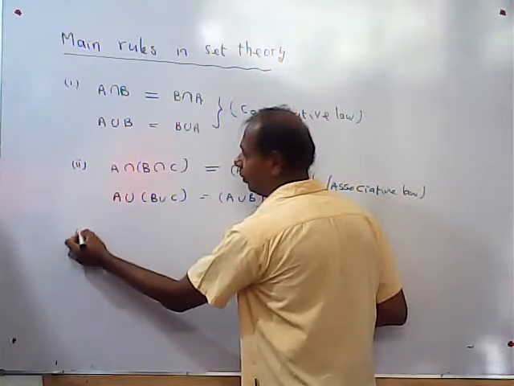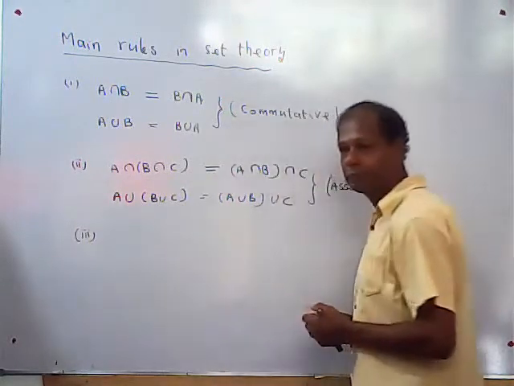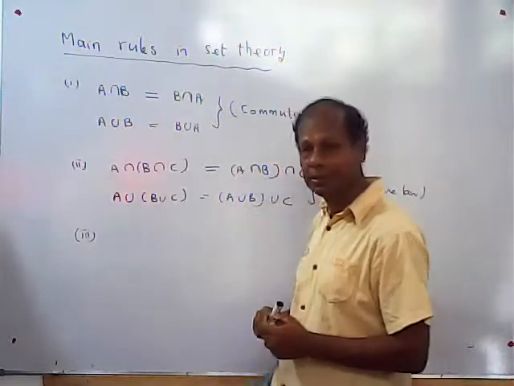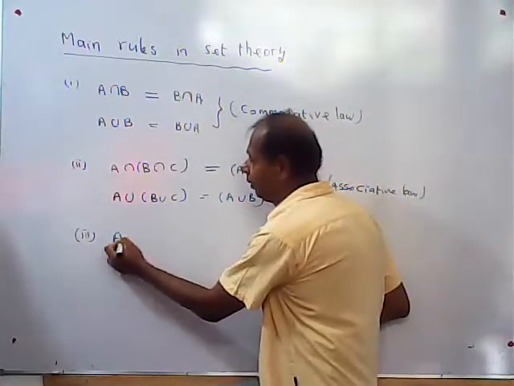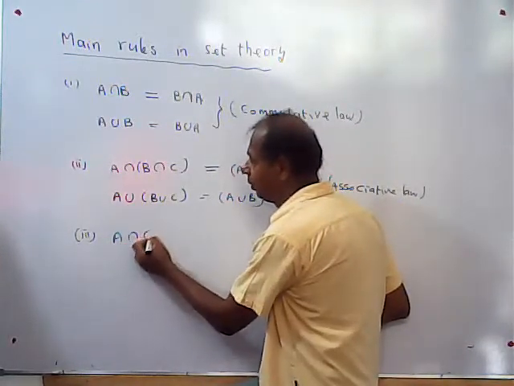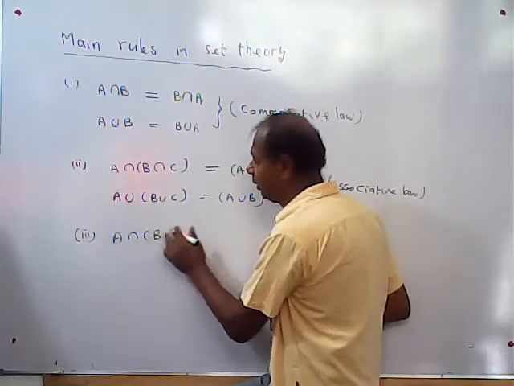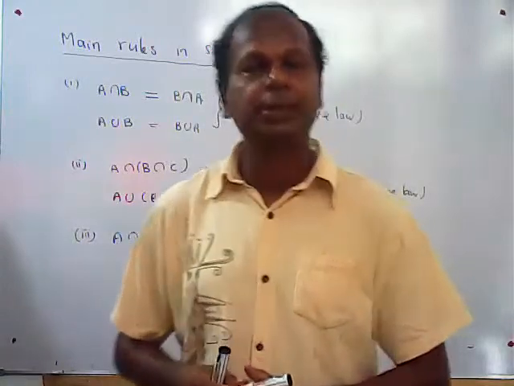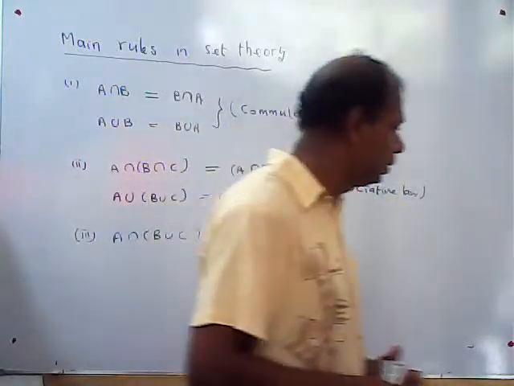Number 3, intersection and union. A intersection B union C. So these are somewhat similar to addition and multiplication in real numbers.